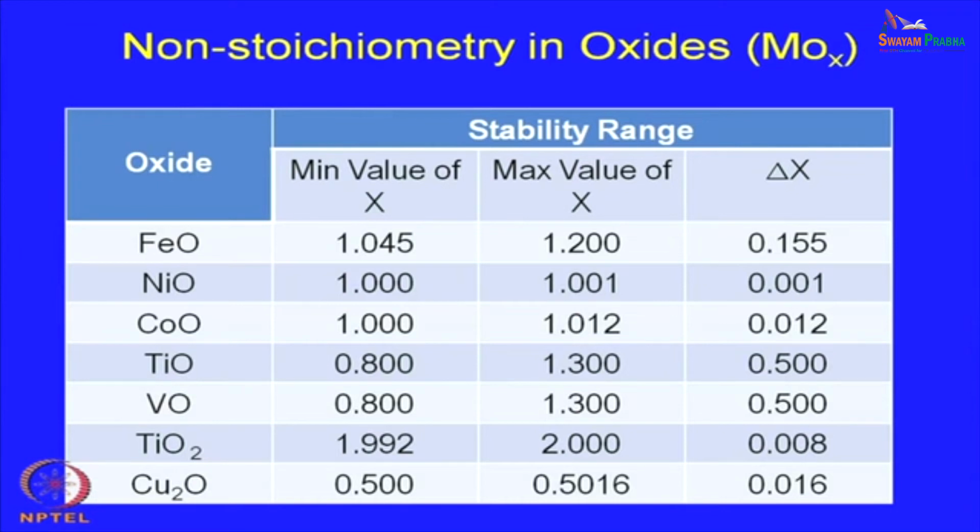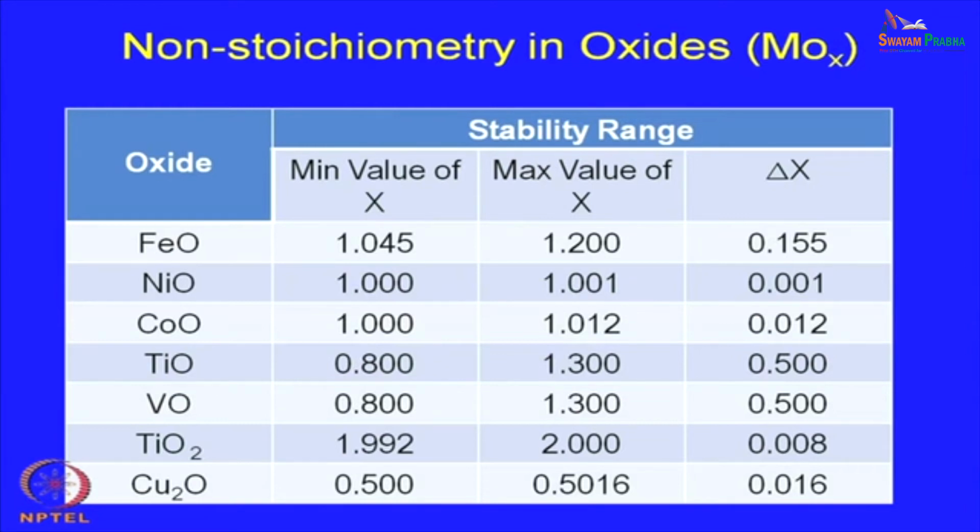Iron oxide, FeO: although the formula is 1:1, actually it is not 1:1. If you take FeOₓ, the x value changes from a minimum of 1.045 to 1.2. That means x is much larger than 1.